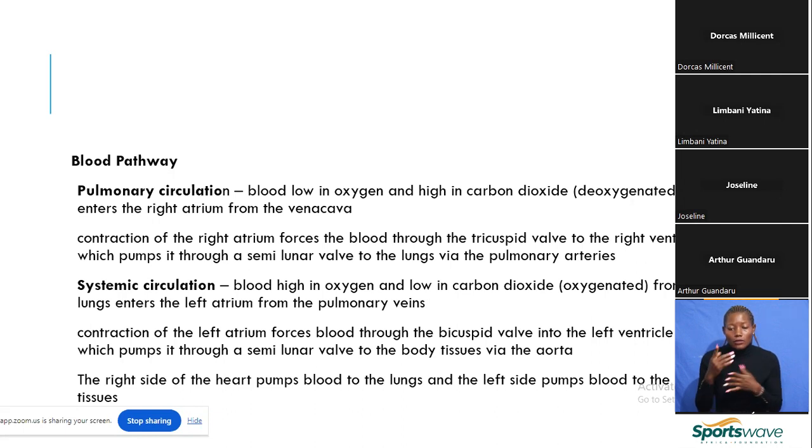So, interestingly enough, the right side of the heart pumps blood to the lungs. The left side of the heart pumps blood to the tissues. So those are the 2 circulations that we are talking about, and that's why the heart is referred to as a double pump.